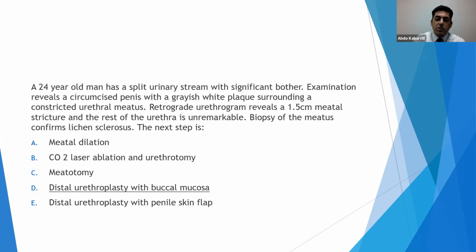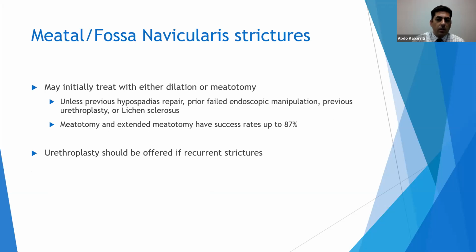And so both of these questions we're talking about meatal or fossa navicularis strictures. For these, you may initially treat with either dilation or meatotomy, except if the patient has had prior hypospadias repair, failed endoscopic manipulation or prior urethroplasty, or lichen sclerosis, as did some of the patients in the questions.